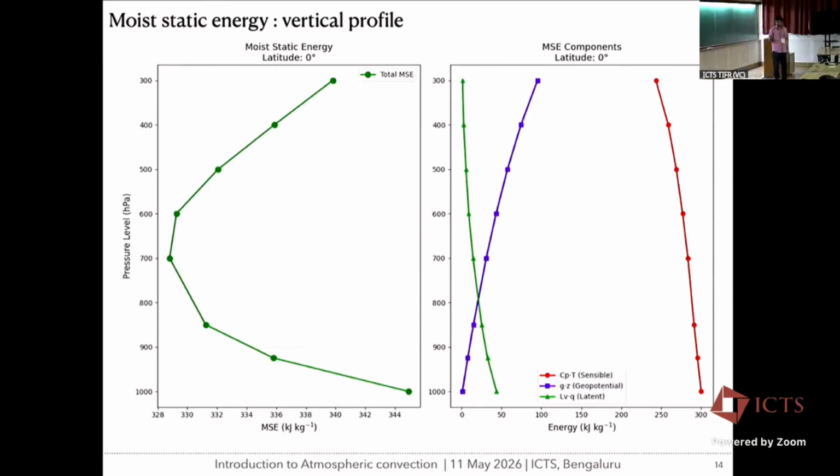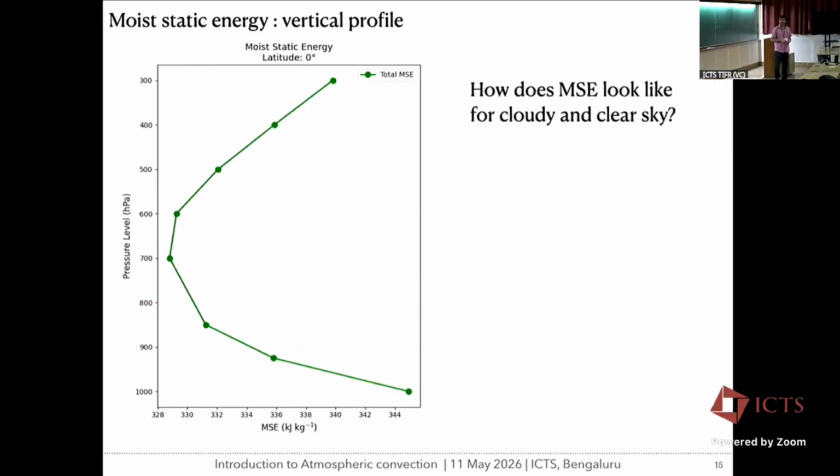But anyways, because we are interested in cloud or atmospheric convection, what I would like to explore is how does this moist static energy profile look like for cloudy and clear sky, because that would tell us the difference between how the atmosphere looks like when we are having a cloud and when we are not.